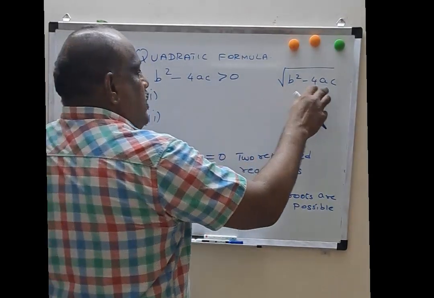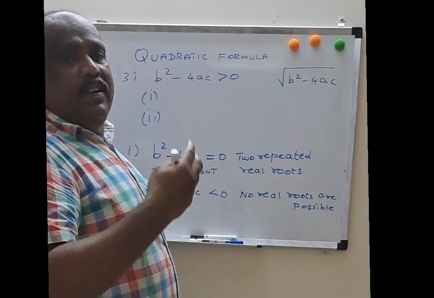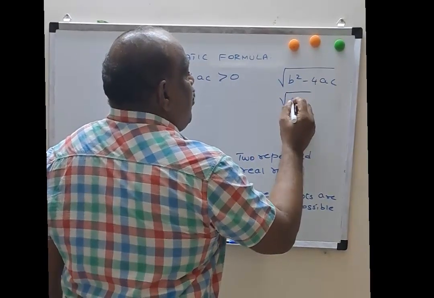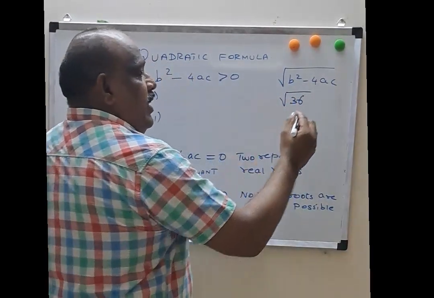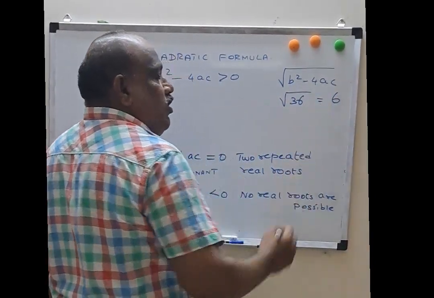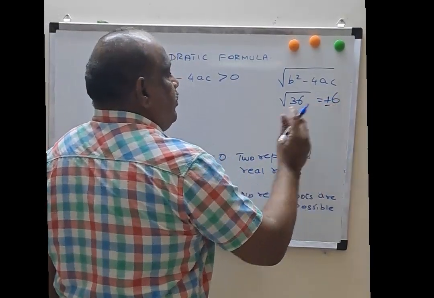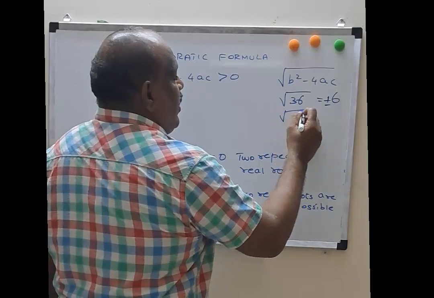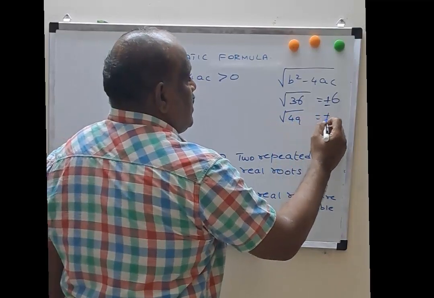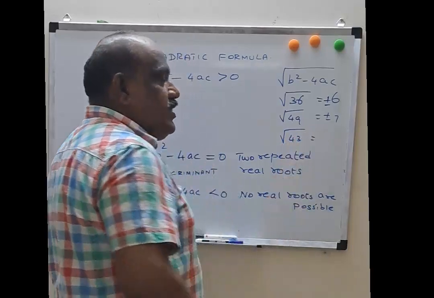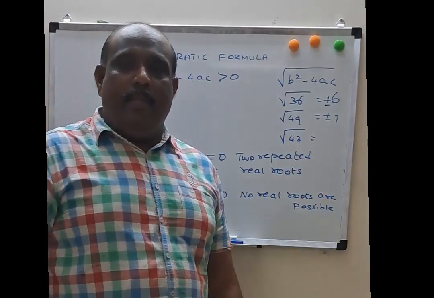The square root of b squared minus 4ac may be a perfect square. You may ask me, what is a perfect square? Let us say, for instance, the value is 36. Then it's called a perfect square because I end up with plus or minus 6. If it is 49, then I end up with plus or minus 7. On the other hand, let us say it is 43. Then it is not a perfect square.